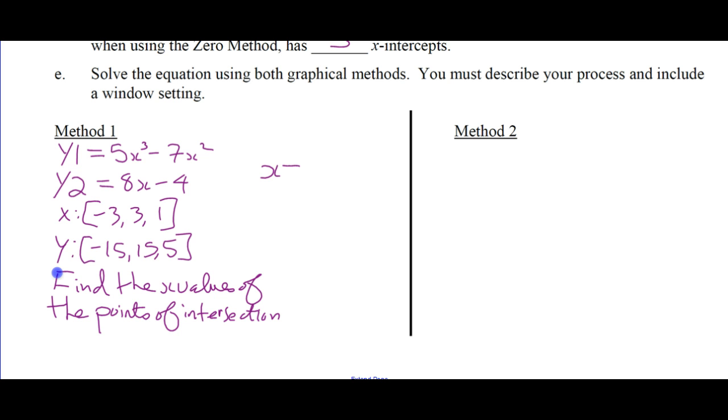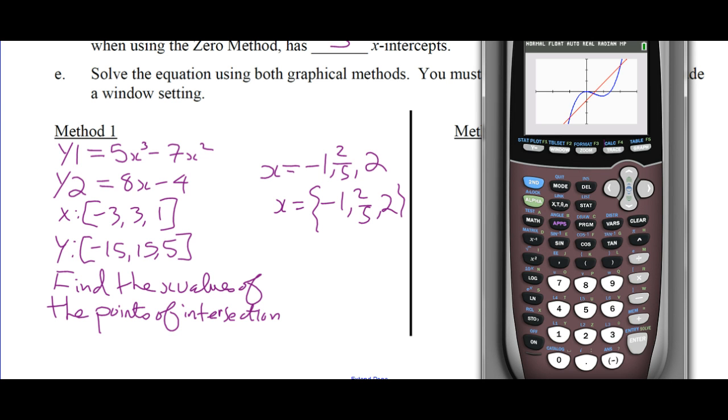Okay, and if we did that, then we would say the x's are equal to -1, 2/5, and 2, or a set consisting of those values, right? I'll do one of them. Let's just do the 2/5 one.